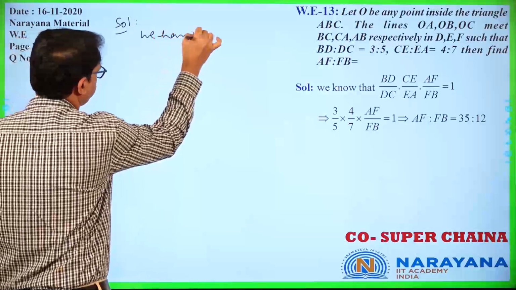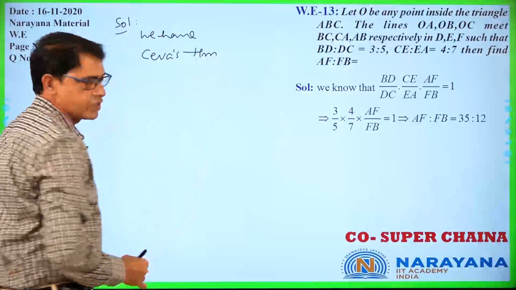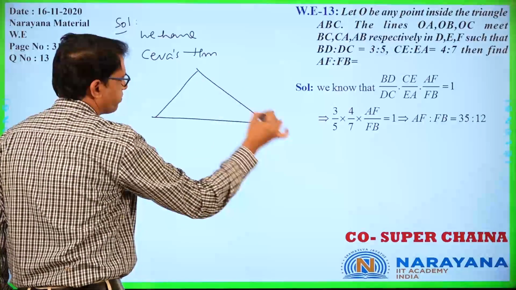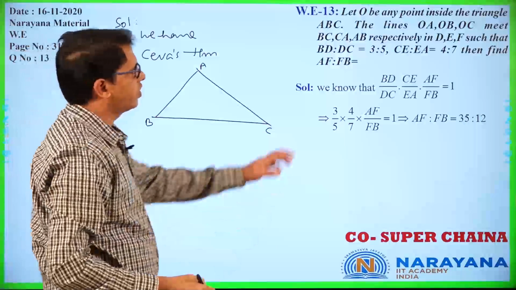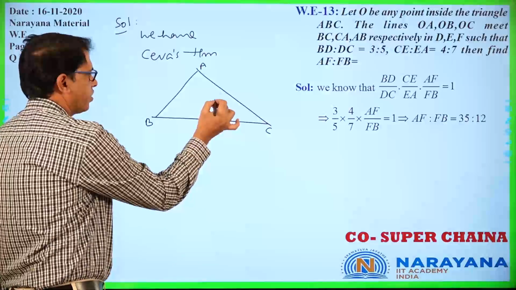We have Ceva's theorem. If ABC is a triangle and O is any point inside the triangle, somewhere you may take O here.